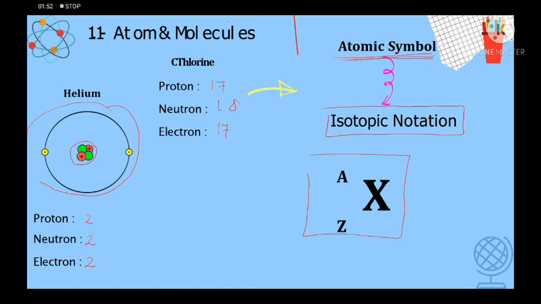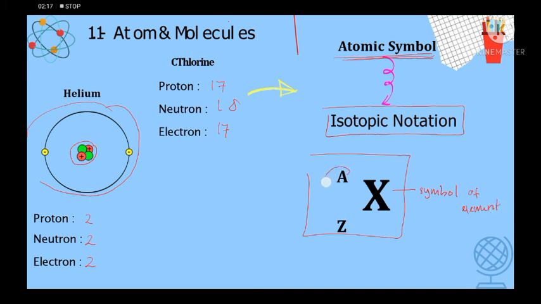Inside isotopic notation, you're going to have three main things. The first one we have is X. X is the symbol for the element. If you have sodium, it is Na. If you have hydrogen, it is H. It's the symbol of the element.